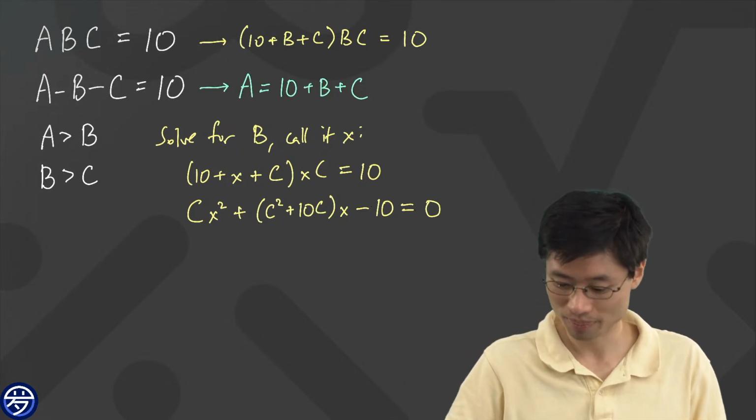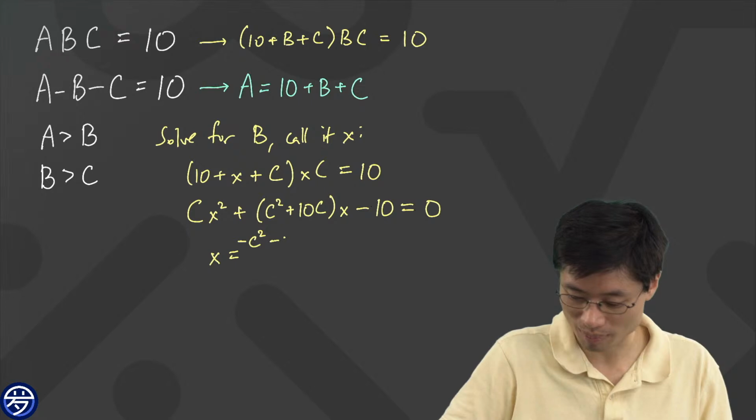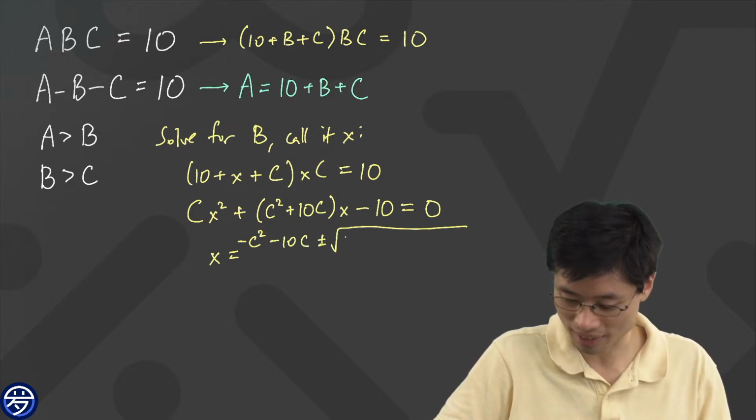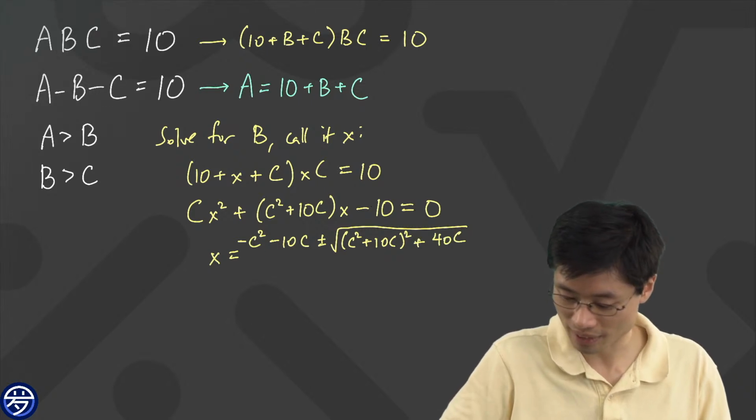X is B. So now I get the quadratic formula. X equals minus the second coefficient, minus C squared minus 10C, plus or minus the square root of something disgusting: (C squared plus 10C) squared, that's b squared, minus, which becomes plus, 40C, all over 2C.